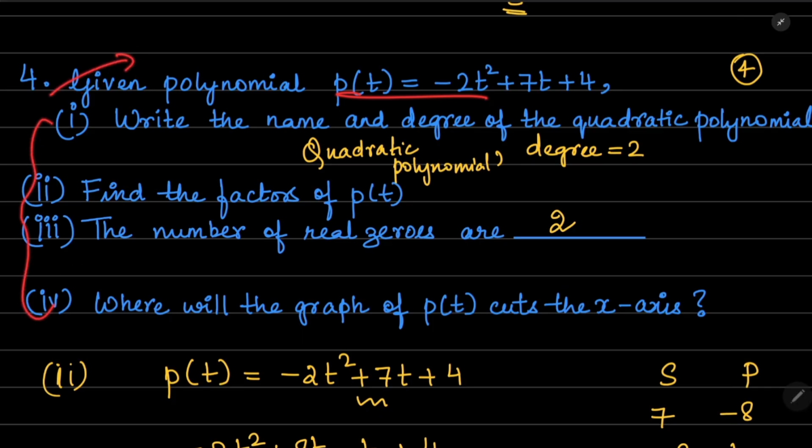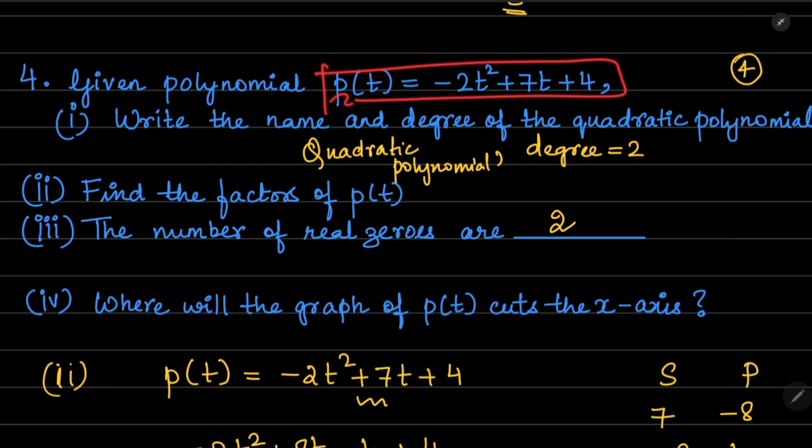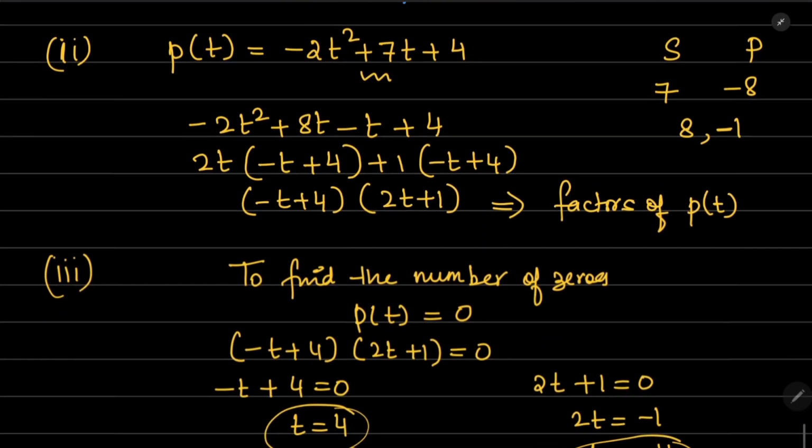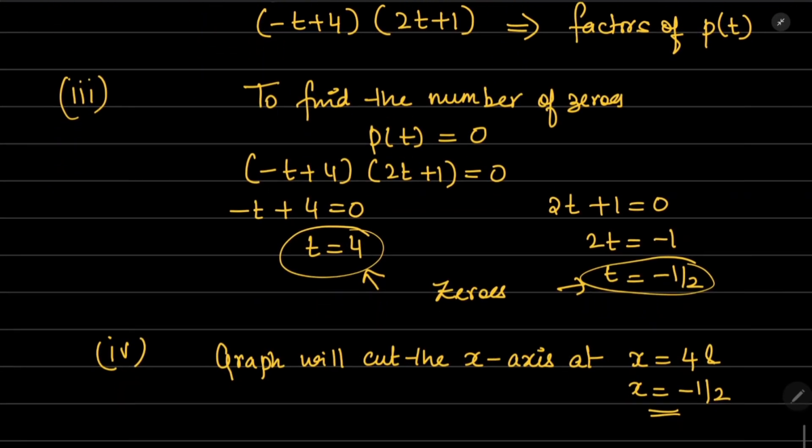So don't even read anything which is written above it, because that's not at all relevant. All you have to observe is what is the polynomial given and what are the questions that follow. So these are the questions which you can directly answer. I hope you understood. Do make a note of it, and I hope this was useful. You learned something out of these 4 questions that we did.